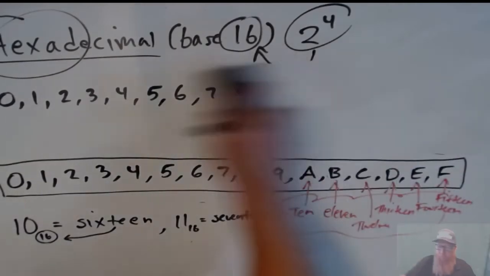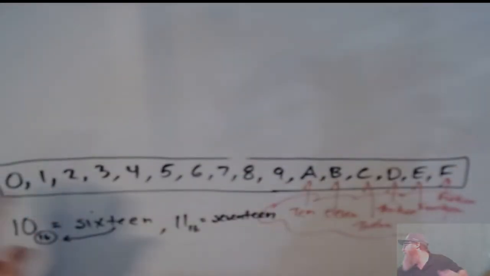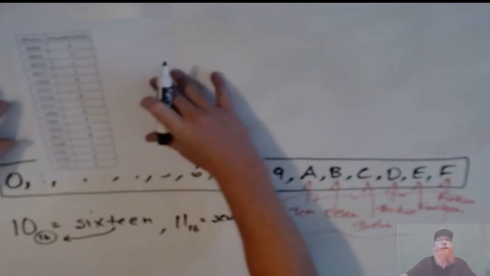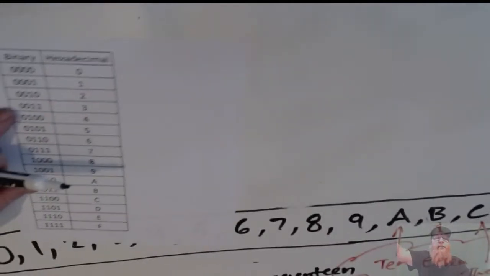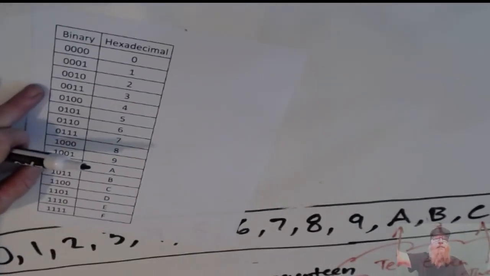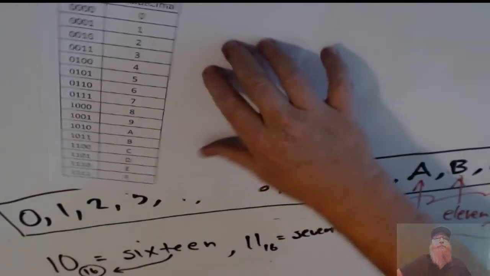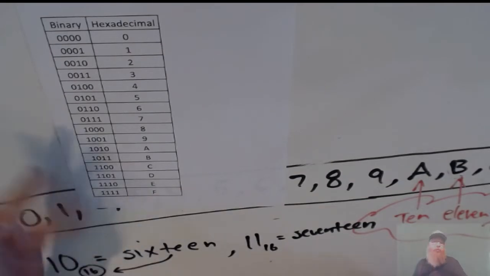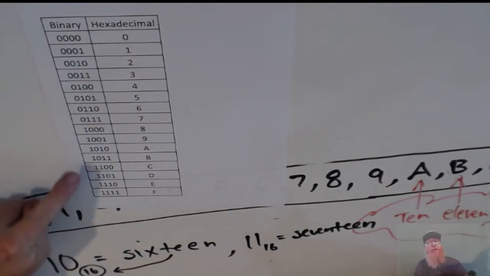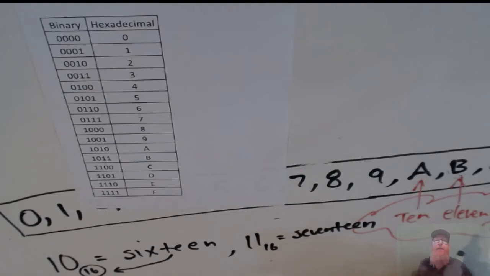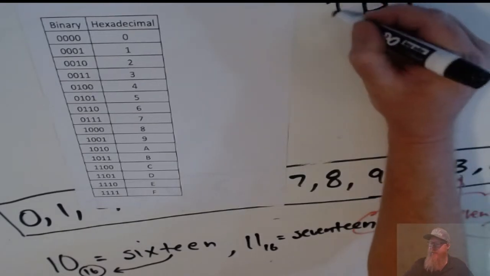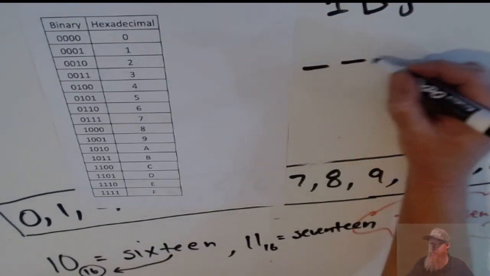Let's see how they line up with the binary digits. With the hexadecimal, you're probably going to need 4 digits or 4 bits. 3 is not enough, so we're going to group them in groups of 4. But that'll work nicely because a byte is 8 bits.